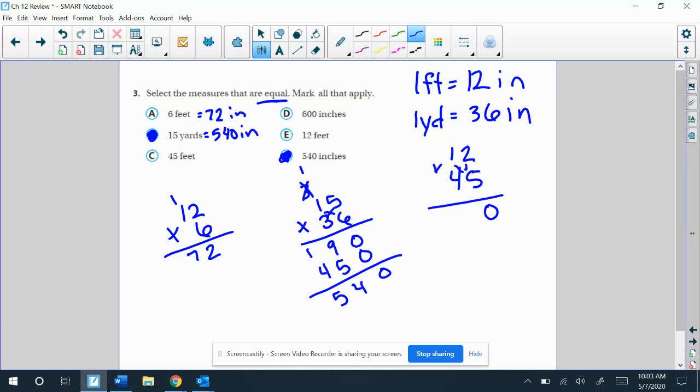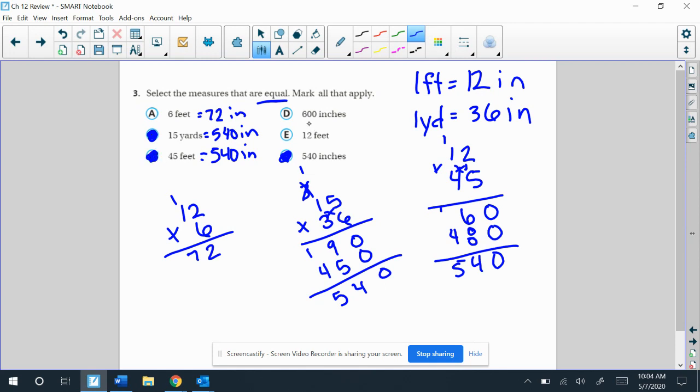If you did not do it like this, go ahead and practice with me. All right, this one is 540 inches. Look, it matches.